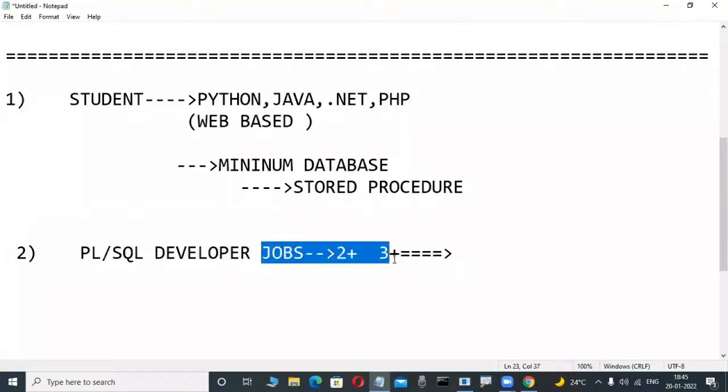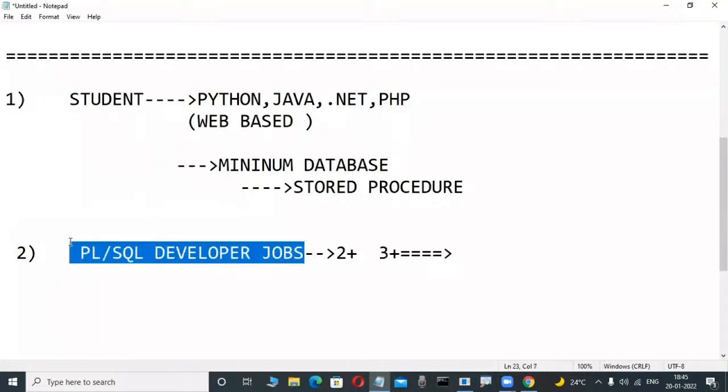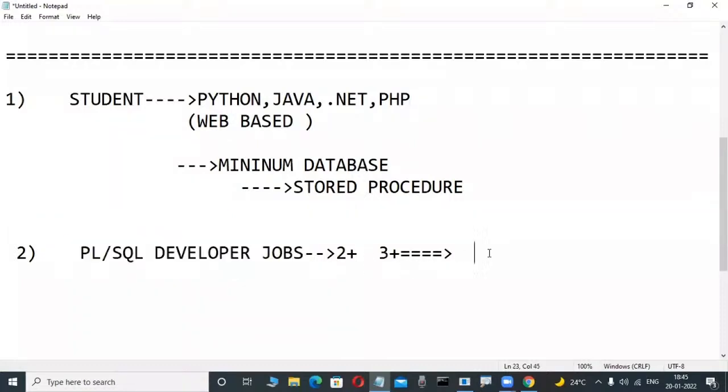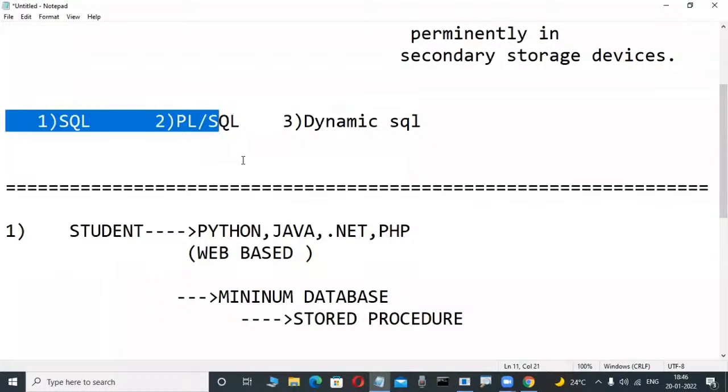These persons who are struggling in job searching learn PLSQL thoroughly from me, especially our concepts. I'm telling in-depth knowledge, including what the interview asks. Those persons apply for PLSQL developer jobs. So many fellows learn this course because in this course we learn SQL and PLSQL both.